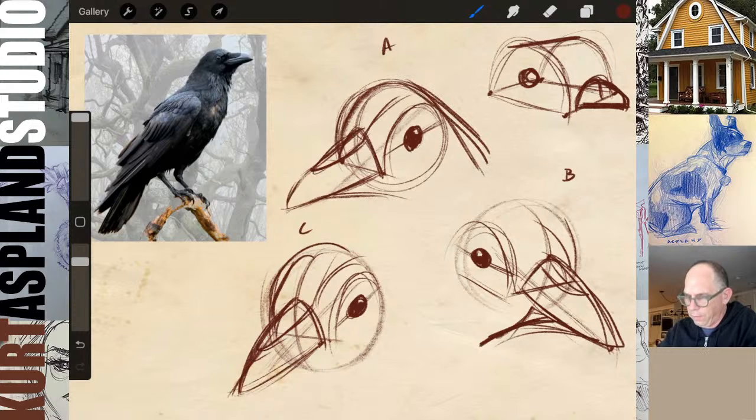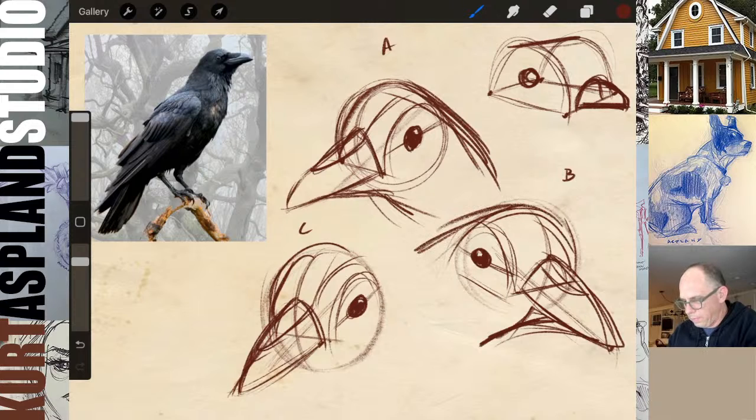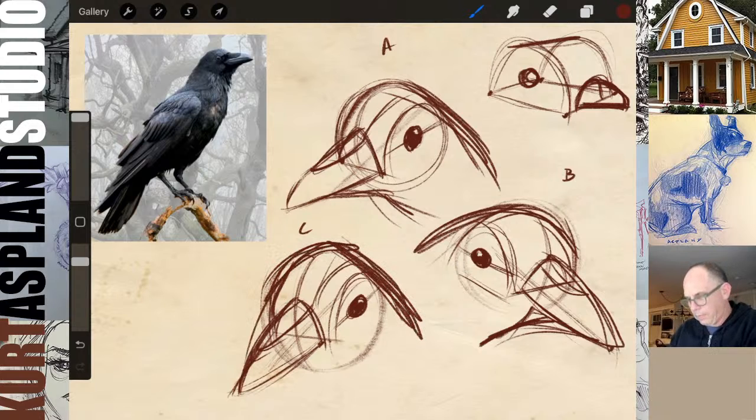You can kind of get a feel for how that head goes right into the body there. Same thing for up here. All right, so there you go. So there's three different heads we threw together just now.